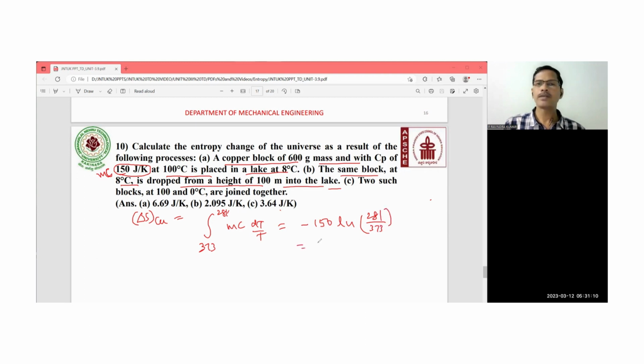You will get it as minus 42.48 joule per Kelvin, right? Next, the entropy change of the lake.